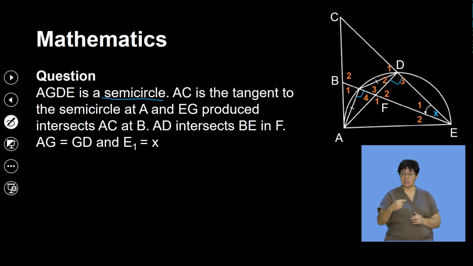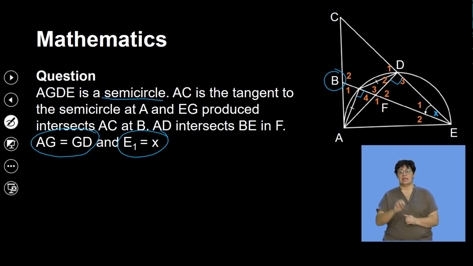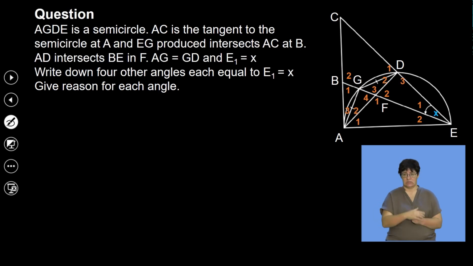EG produced intersects AC at B, there is my B there, and AD intersects that BE in F. And then lastly, they tell me that AG is equal to GD and E1 is equal to X. So let's see what they want us to do.